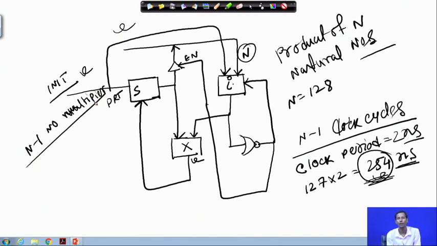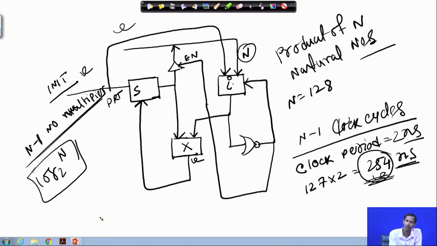So, what will happen? Suppose this is one multiplier taking 2 nanosecond. So, n minus 1 number of multipliers I require, and log base 2 of n is the number of stages I require for the parallel implementation. Why? Because if I am having 8 numbers, I will have log base 2 of 8, which means 3 stages of multiplier.